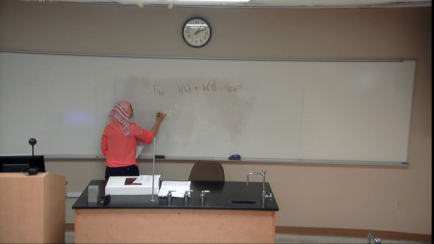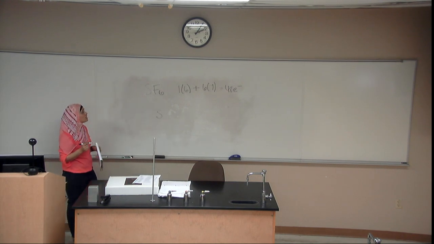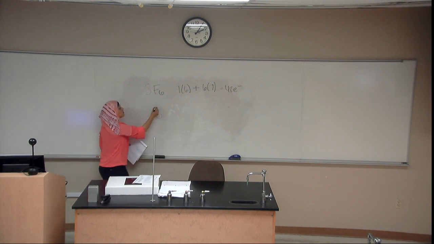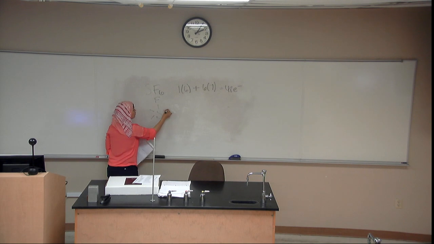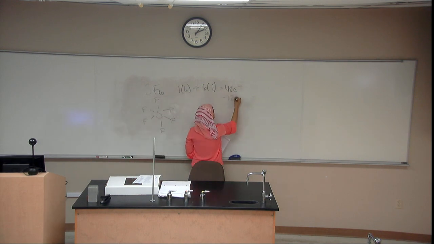So sulfur is going in the middle. Then I'm going to make 6 connections to fit in my fluorines. 1, 2, 3, 4, 5, 6. Now look at what I did. 6 times 2 is 12 electrons, and so I have 36 electrons left.